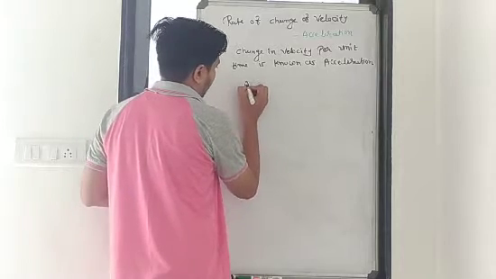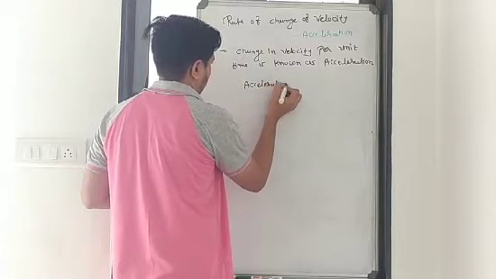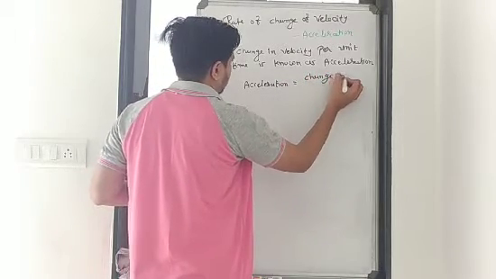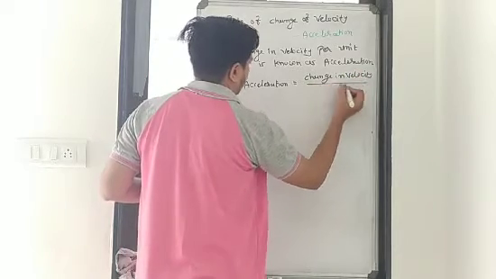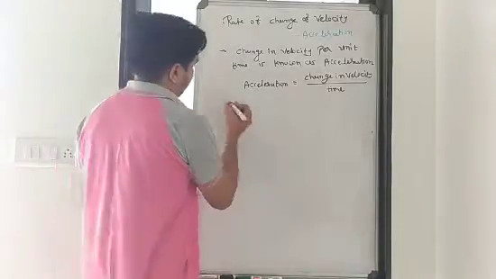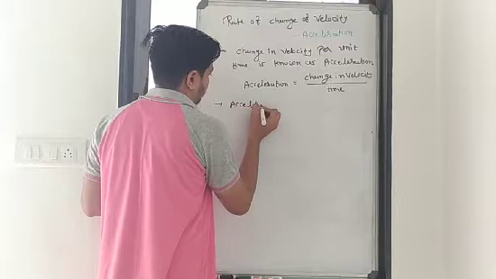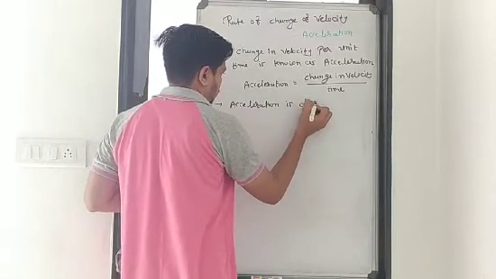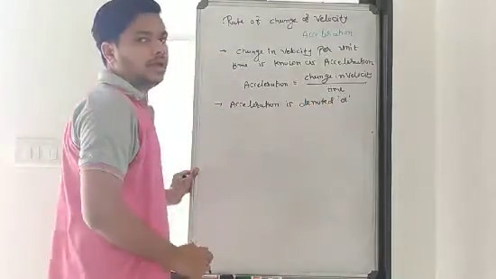So you can say that the acceleration is equal to change in velocity divided by time. The acceleration is denoted by small a.